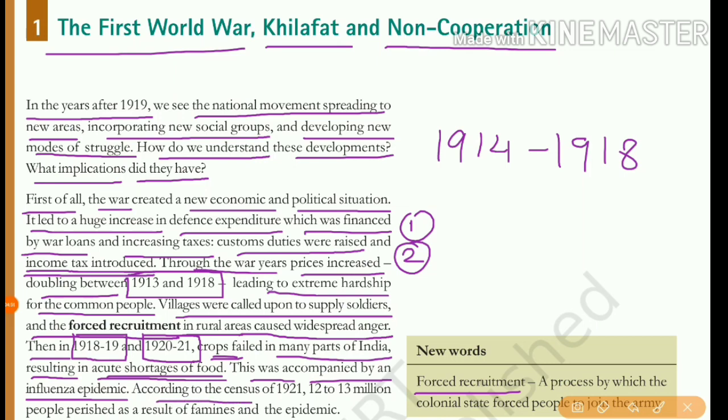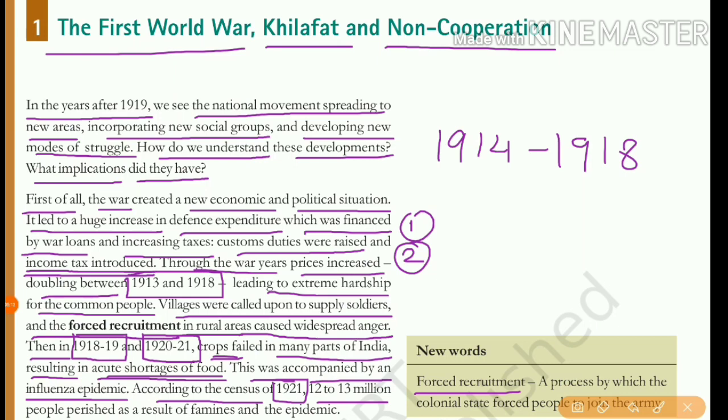According to the census of 1921, 12 to 13 million people perished as a result of famines and the epidemic.